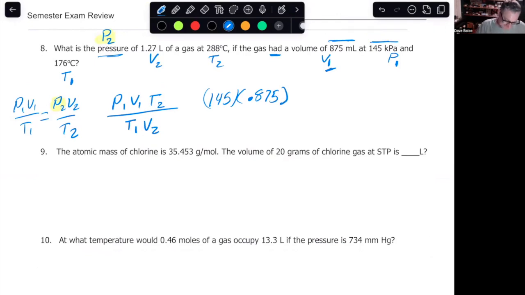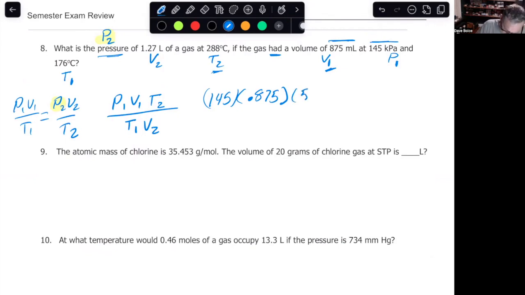And then T2, so remember I need 2, and that's 288 Celsius, and that's not going to work out for me. I need 288 plus 273, and that is going to be 561.